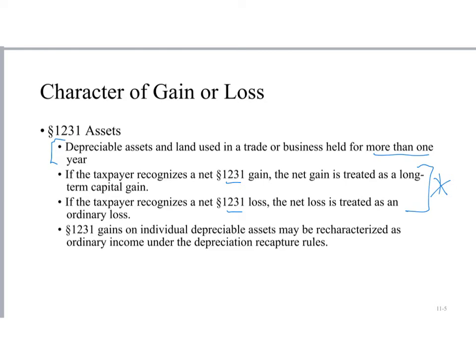So that's fantastic. There is a caveat, and that's this one right here. Potentially your 1231 gains this year could be recaptured or recharacterized as ordinary income depending on the depreciation recapture rules, and we have this thing called the 1231 look back rule.